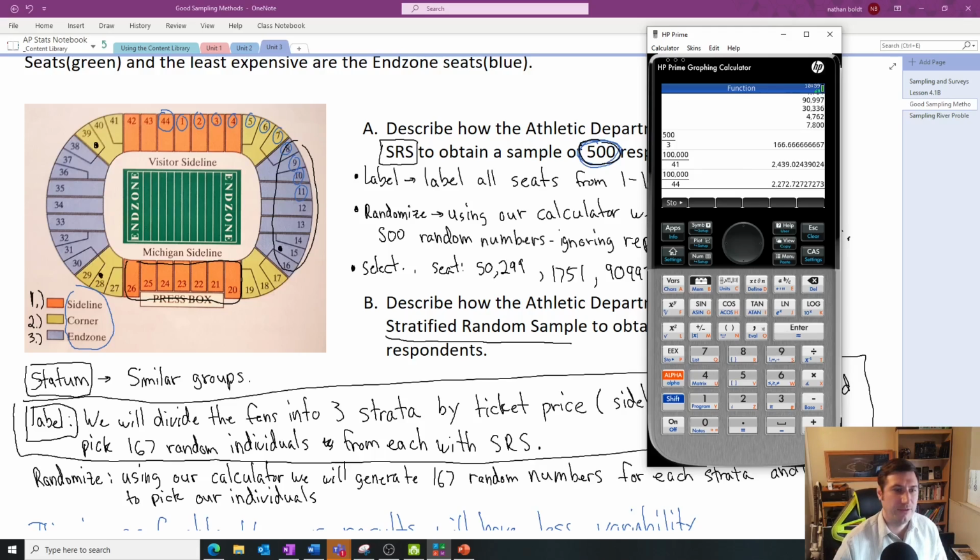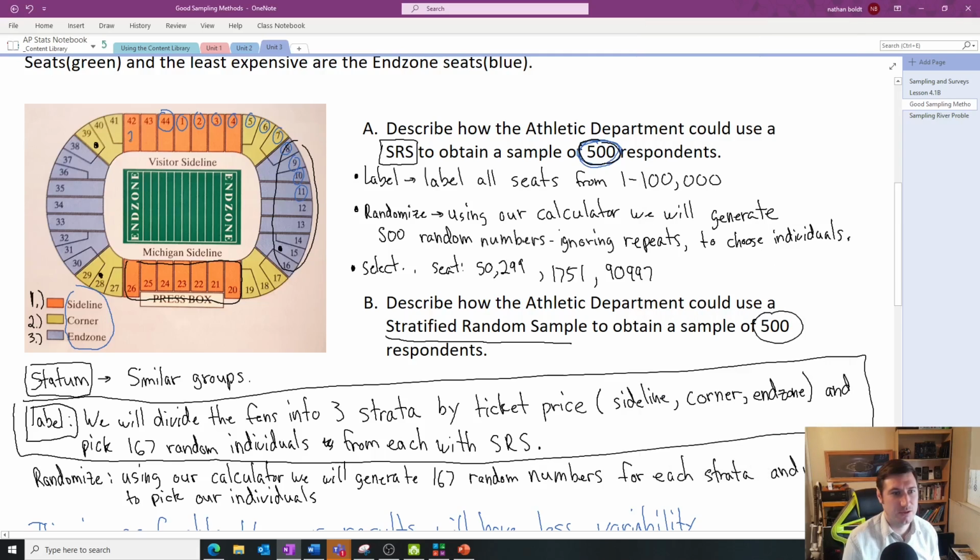So let's say that each section, like section 42, is divided into rows. They go by letters, don't they? Row A, row B, row C, row D. Let's say each one is divided into A, B, C, D, all the way to Z. So within 42, there are 26 rows.